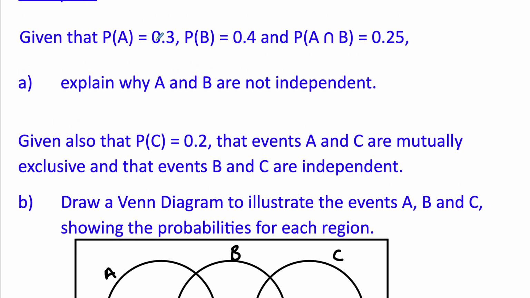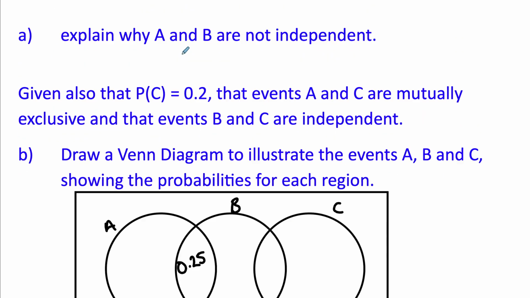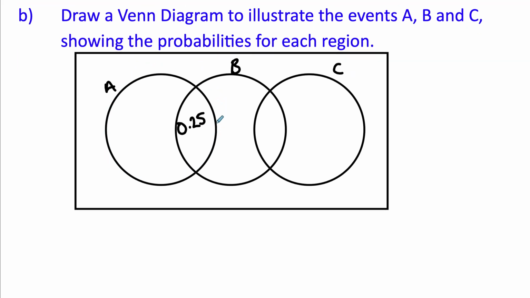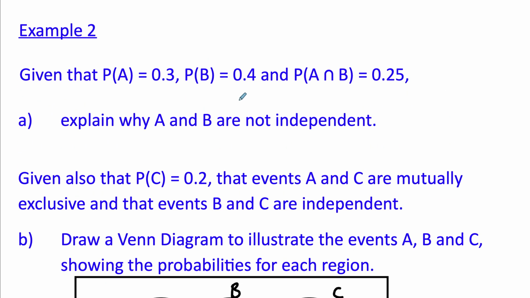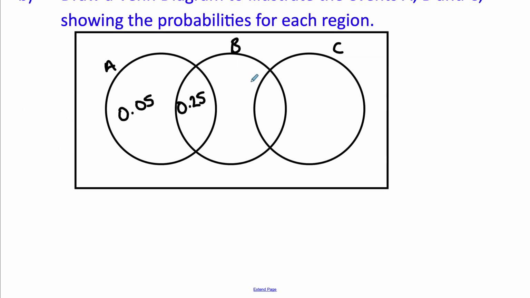We know that probability of A in total is 0.3. So all of this circle together needs to be 0.3, which means this needs to be 0.05. We can do the same thing for B. B is 0.4. We've already got 0.25. So we can't fill that in yet because all of this needs to be 0.15.